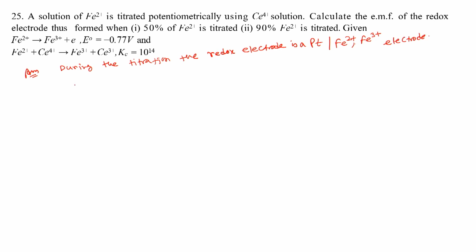So, its potential E_OX is E naught OX minus RT by F, because one electron is being transferred from Fe2+ to Fe3+, ln activity of Fe3+ by activity of Fe2+.